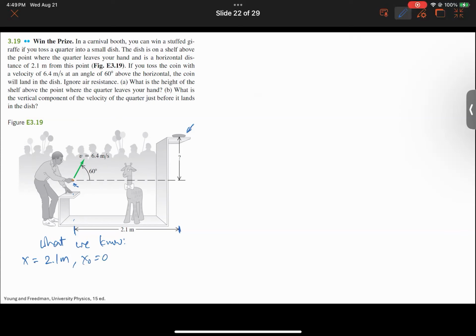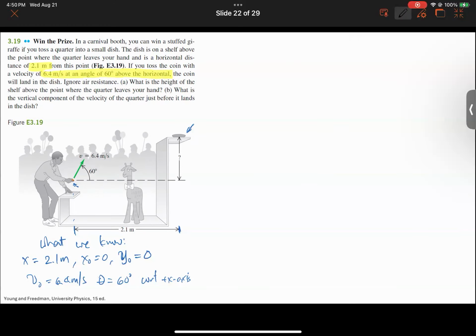Let's set the origin at the zero position, so x naught, y naught is equal to 0. v naught is 6.4 meters per second and theta, the angle, is 60 degrees with respect to the positive x-axis. Everything is written there. Horizontal is the positive x-axis.